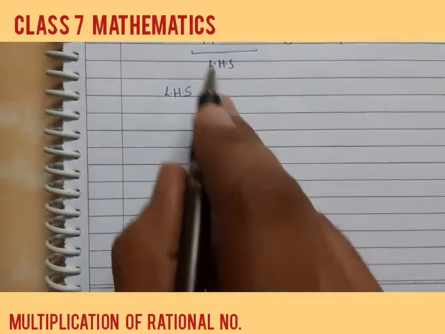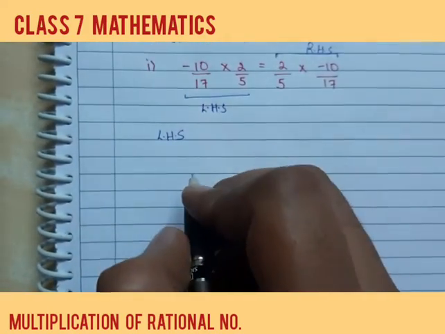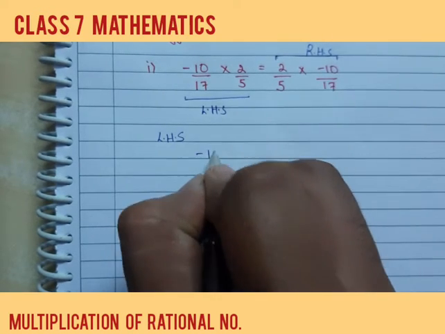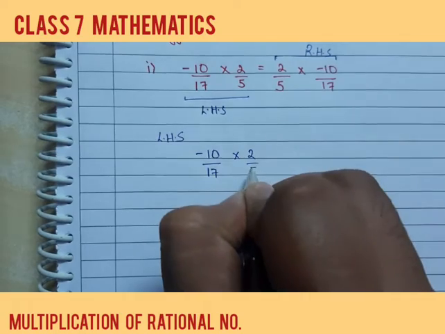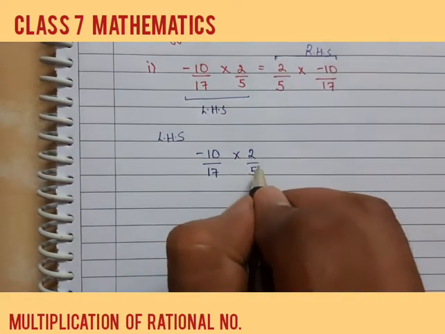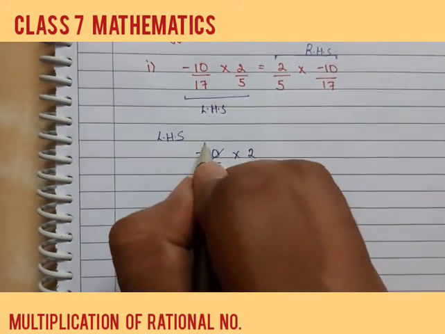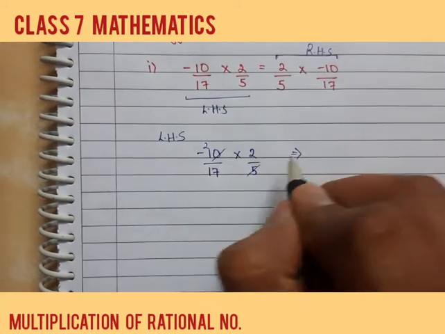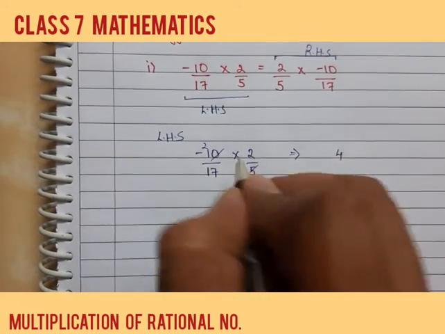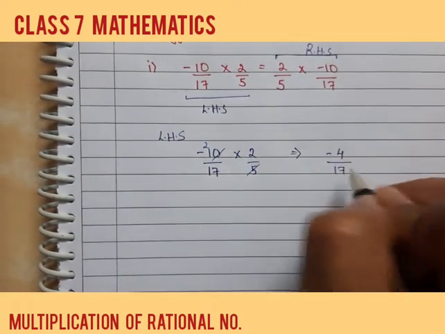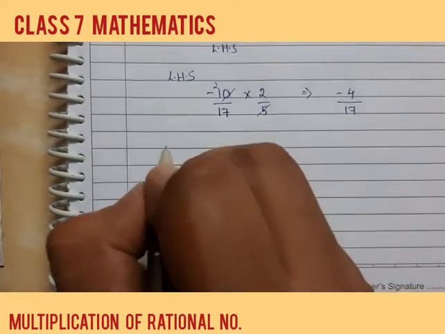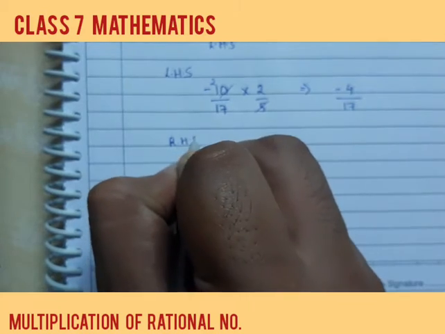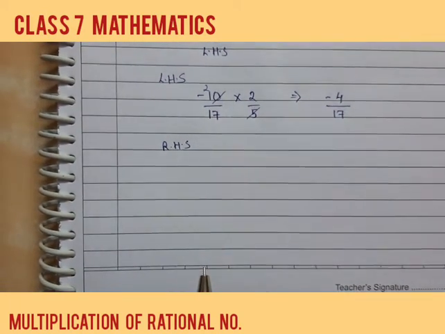According to the question, the LHS part is minus 10 upon 17 into 2 upon 5. So 5 into 1 is 5 and 5 into 2 is 10. That is 2 into 2 is 4, minus into plus is minus, upon 17. So the LHS part is minus 4 upon 17. Now let's solve the RHS part.